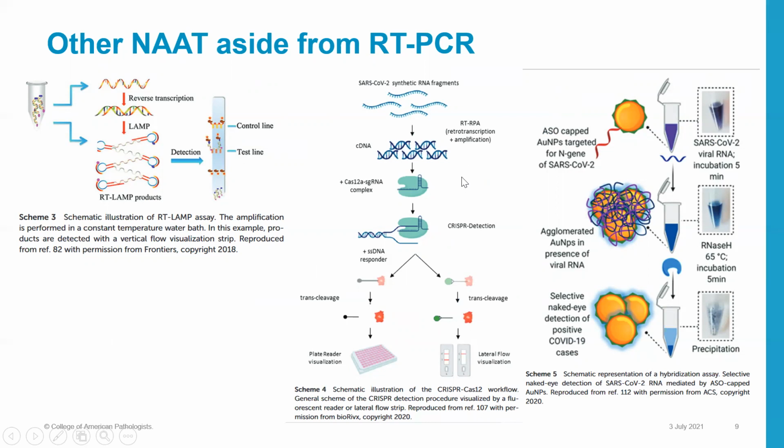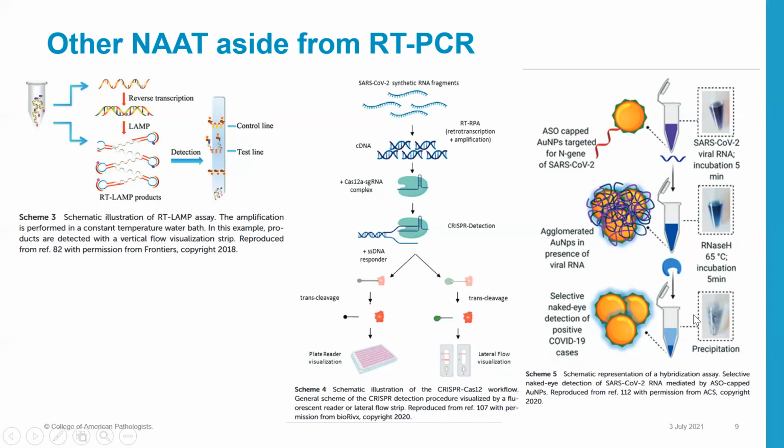So this capitalizes on certain property of the virus, or rather sequences in the virus, that is able to detect repetitive sequences, the CRISPR. And then this is capitalized for the detection of the virus using either plate reader or lateral flow visualization.